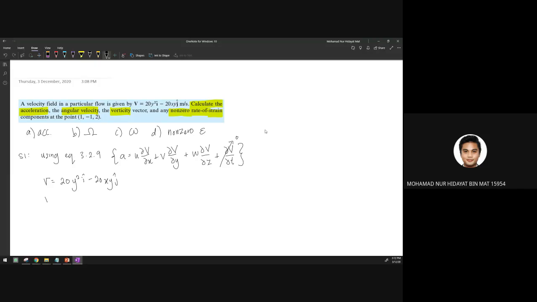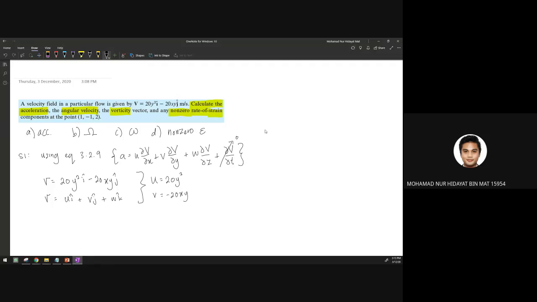Remember we have previously, the formula V equals u i plus v j plus w k. So u refers to 20y squared, because i goes with i and j with j. So small v equals negative 20xy.